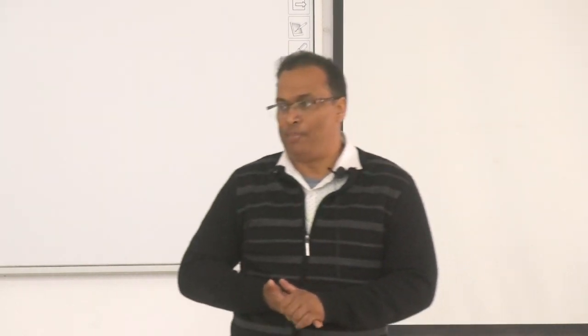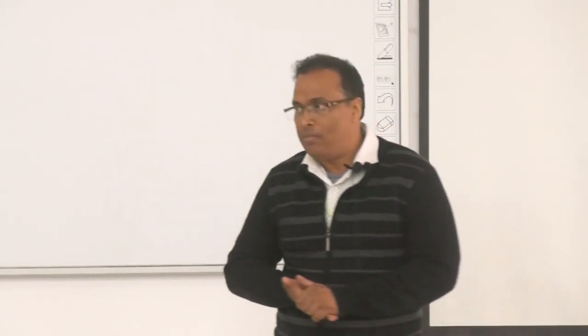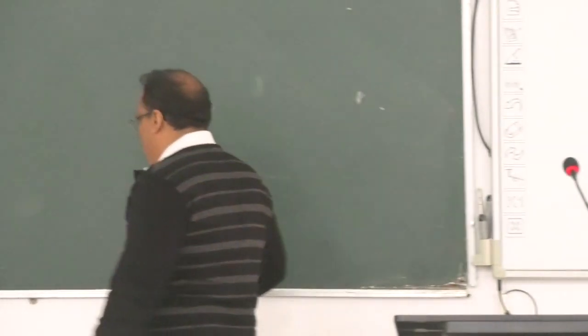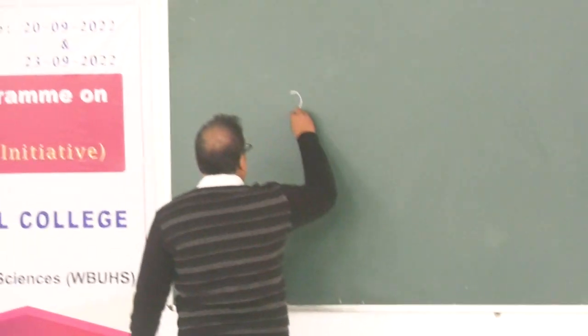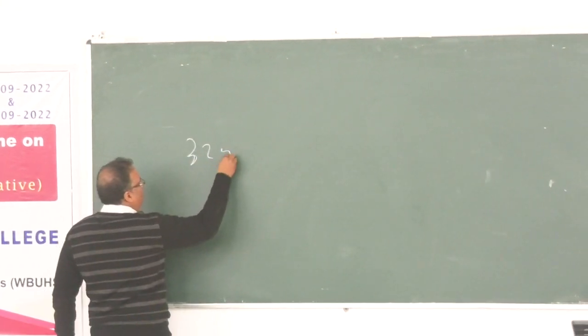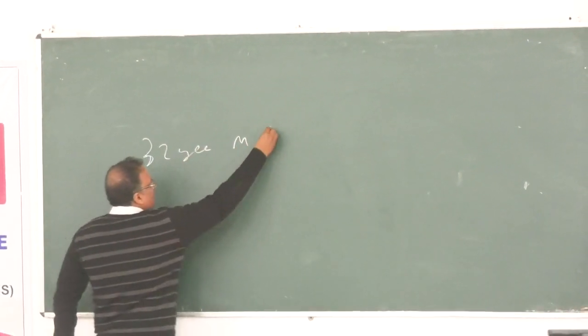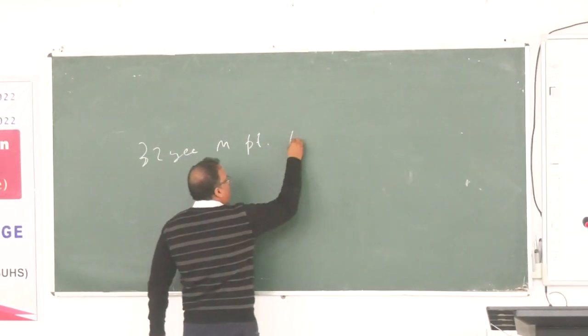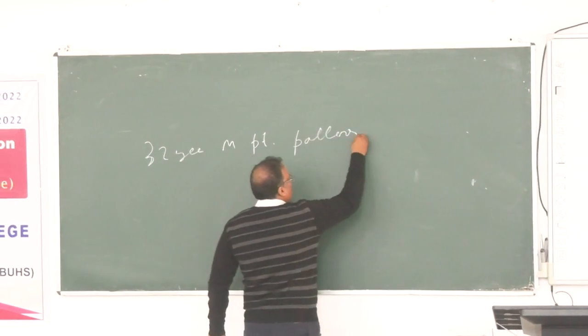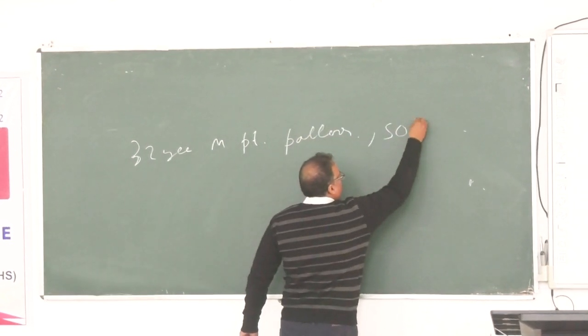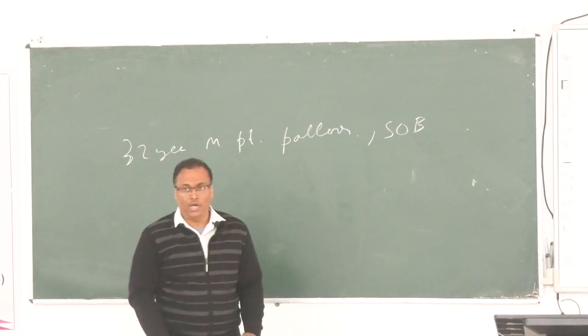So in this way, what is the importance of this RBC? Because you will come across some patient coming with pallor, fatigue, respiratory problem, etc. Now suppose a 32-year-old male patient is coming with pallor, shortness of breathing. SOB means shortness of breathing.